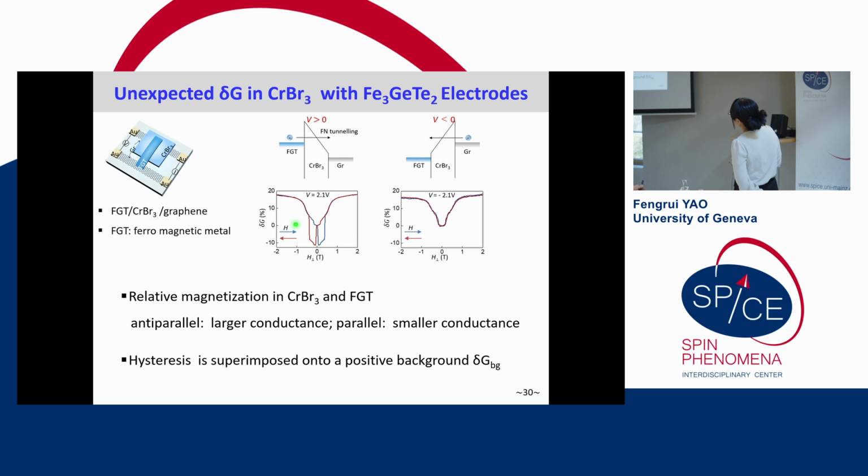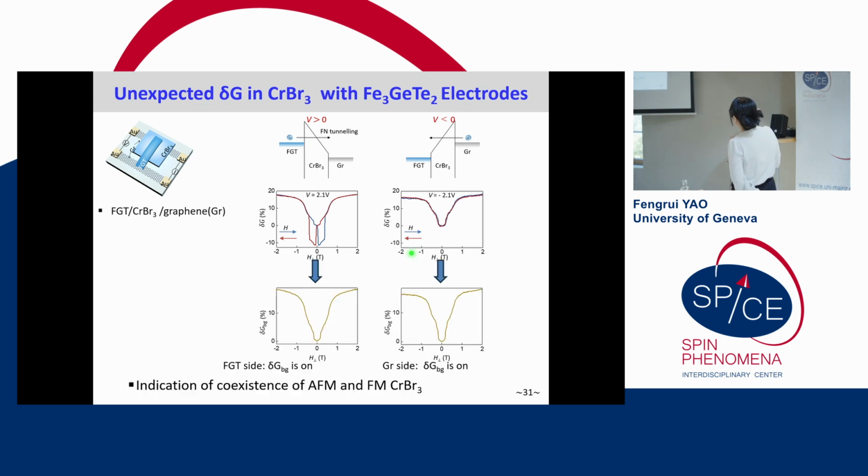But surprisingly, under these 2 conditions, we both observe this positive background. To show it clearly, we show the background here. No matter which side we inject current from, we observe this background.